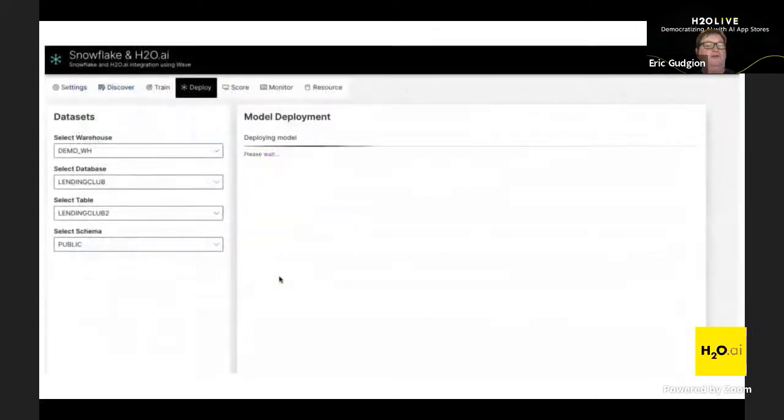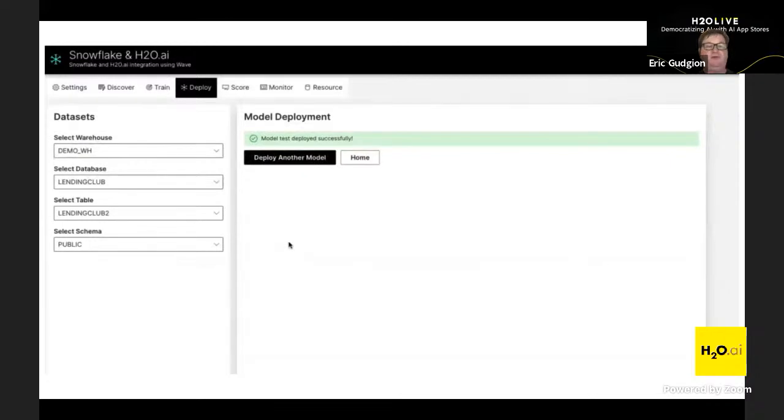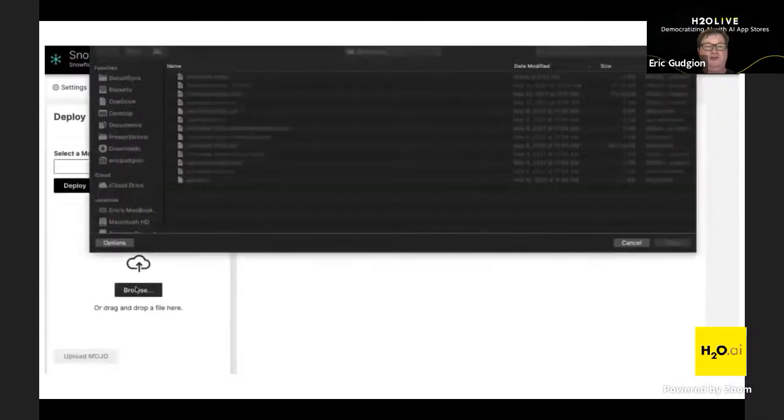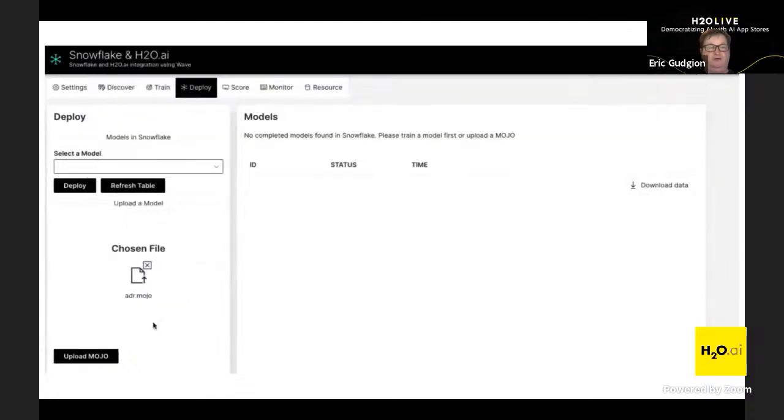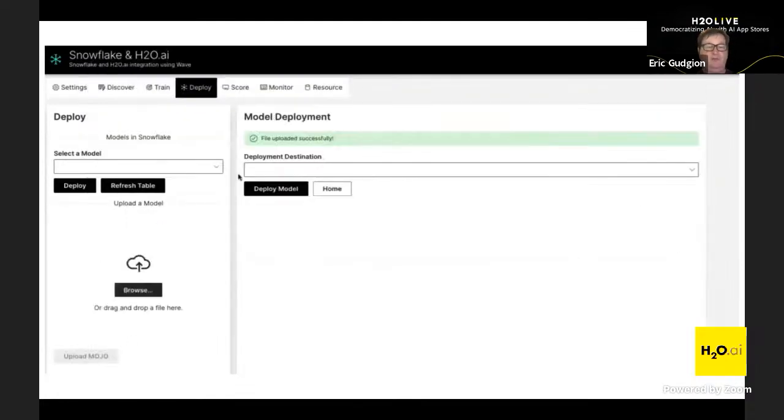And then when we look at the deployment parts of this, the idea behind Wave is to really unify the entire experience for any of the users that are using the technology. So we might build a model outside of Snowflake and actually upload it, as we see here.